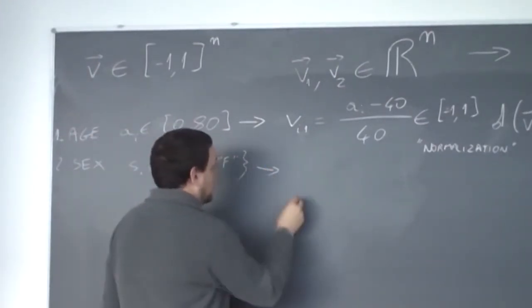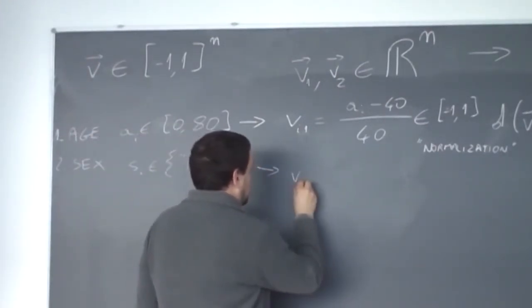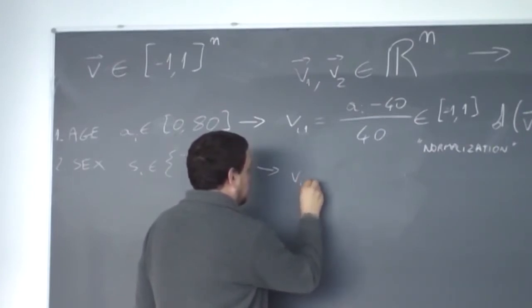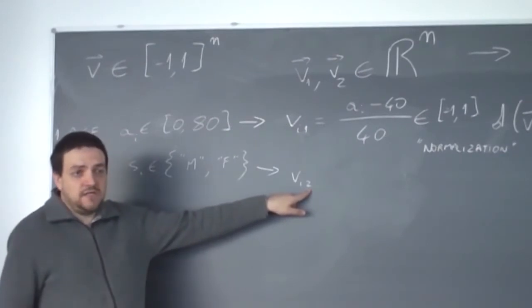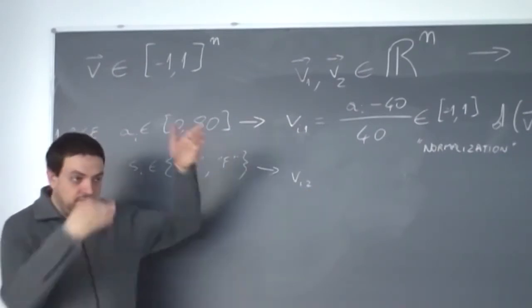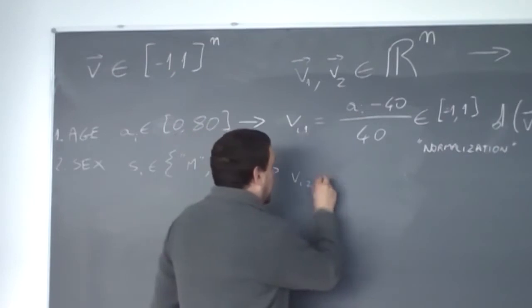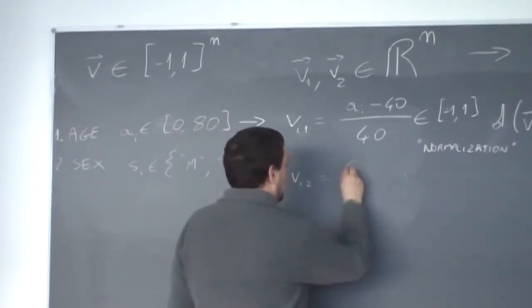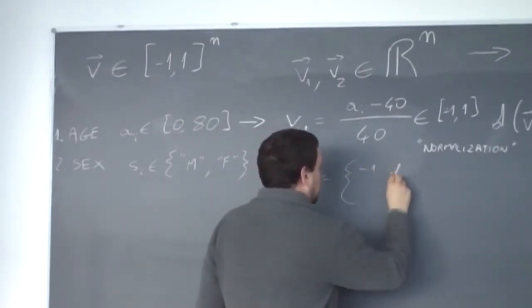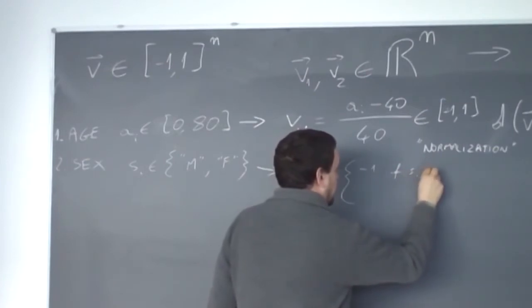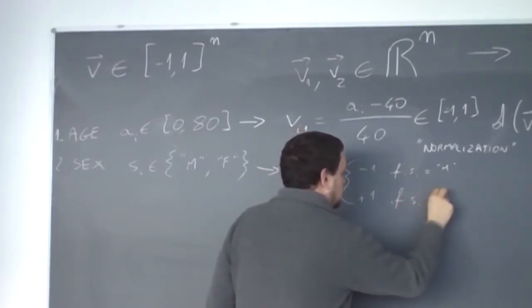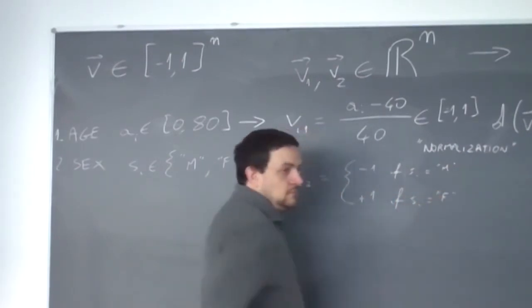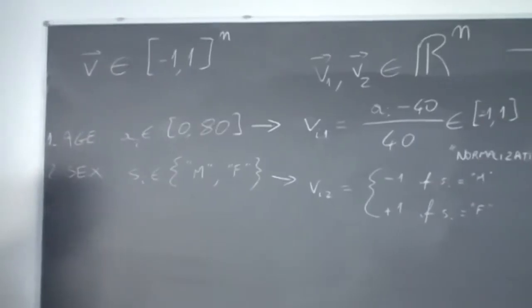So maybe we can say that the representation of the sex of person i, suppose that we take it as the second element of the vector that represents our person, is -1 if the sex of person i is male, and +1 if female, and so on.